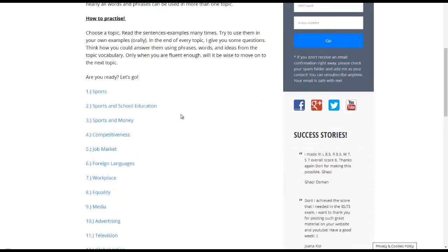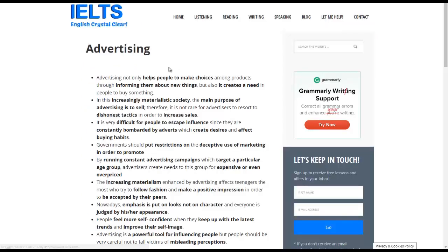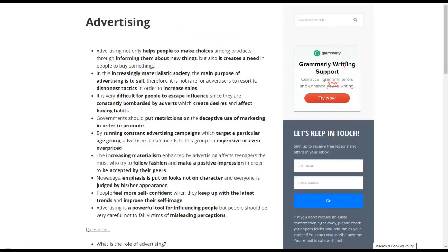So let's click on advertising, which is a very common topic in IELTS. And you're gonna get some phrases in bold here, some expressions that are mostly academic expressions that you can use in your writings, but in your speaking as well, some of them.